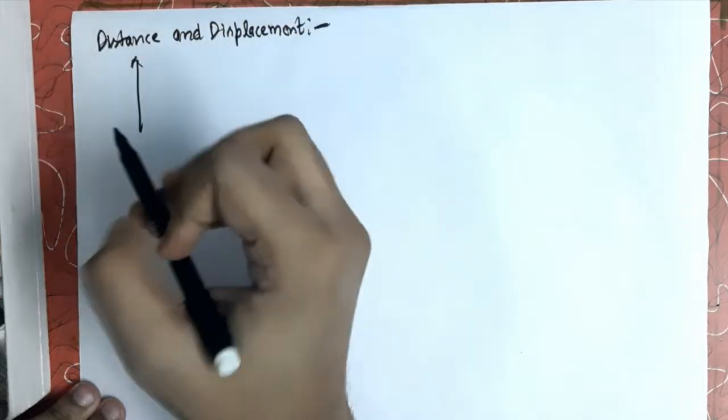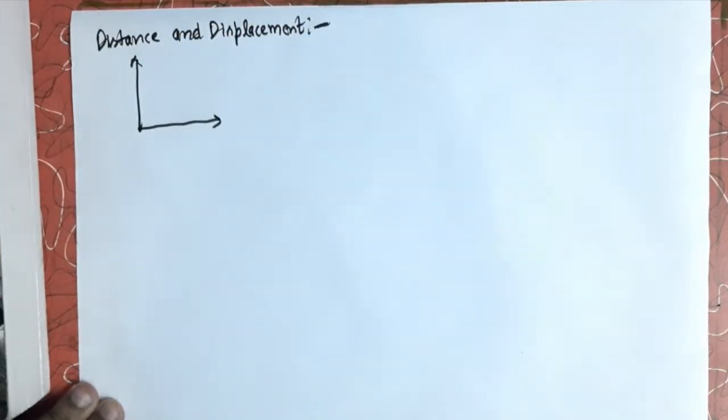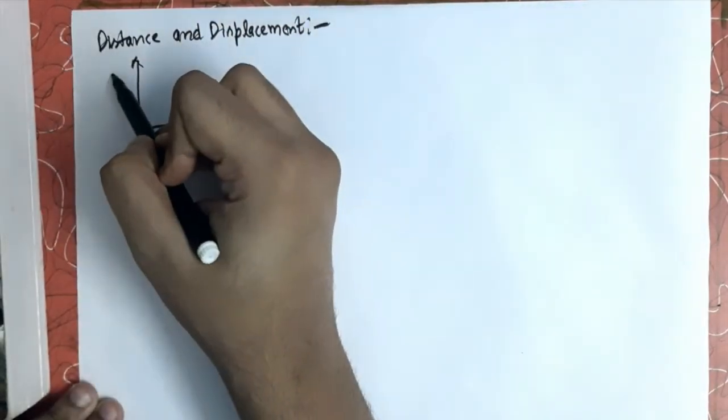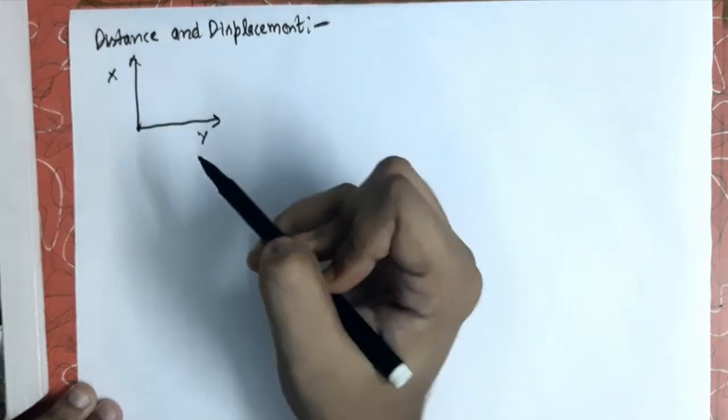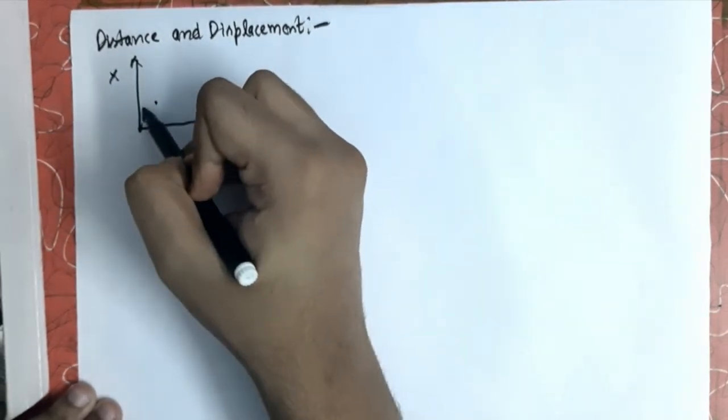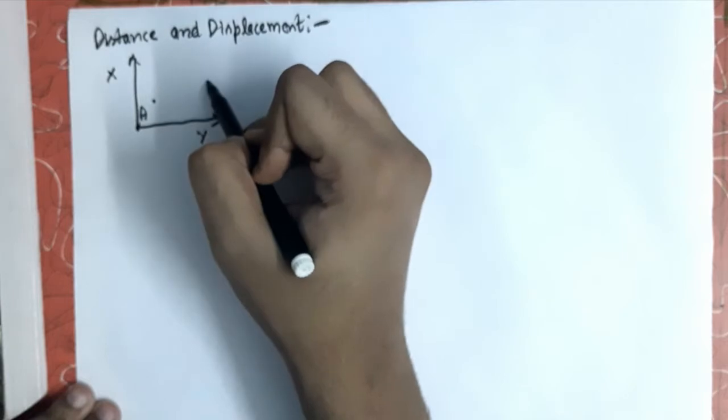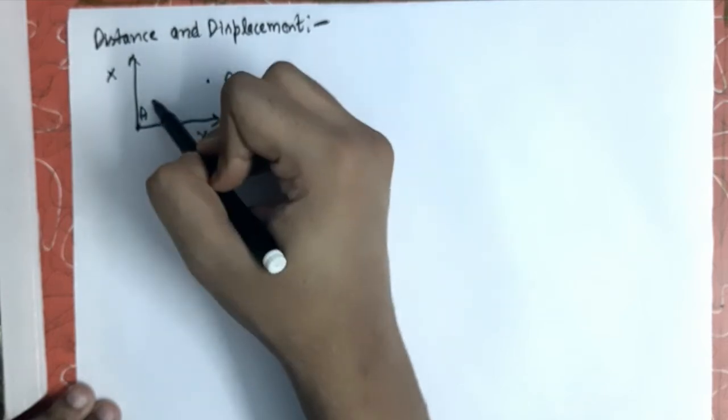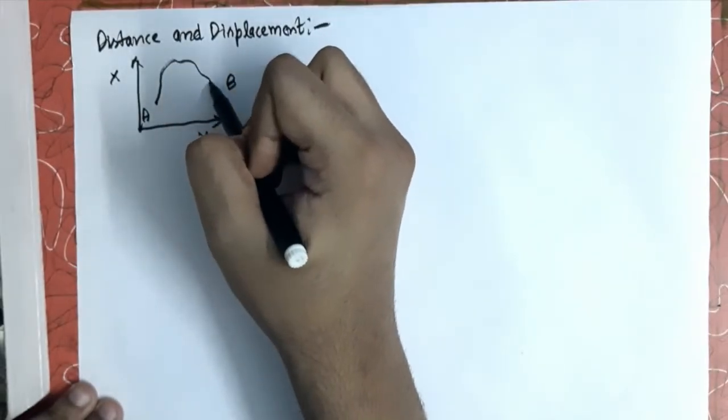At first glance you can say that distance and displacement are the same, but are they? Let's take an example. Suppose this is our axis, this is x, this is y. Suppose this is position A. Now a person is moving from position A to position B and has taken this path via C.